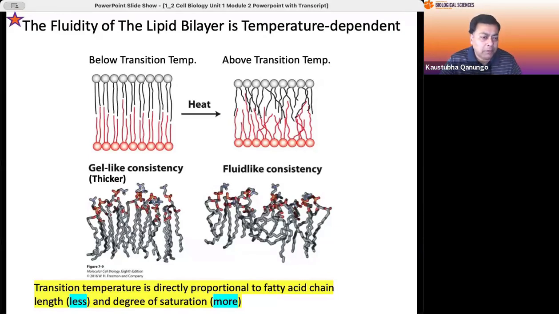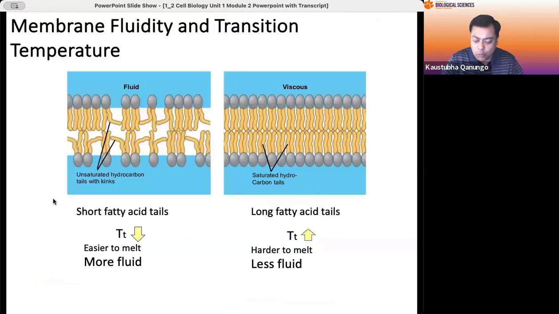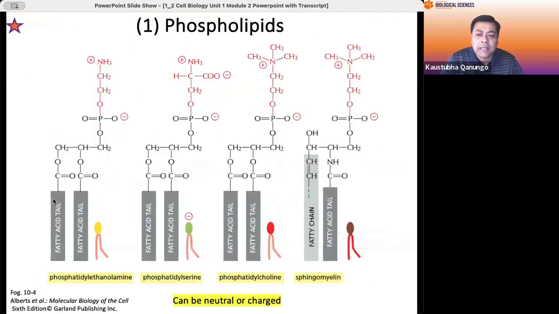If we have a mixture of all these different phospholipids in the membrane, calculating the transition temperature becomes much more difficult. If they are all phosphatidylethanolamine, all phosphatidylserine, or all phosphatidylcholine, then you can measure the transition temperature much more easily.